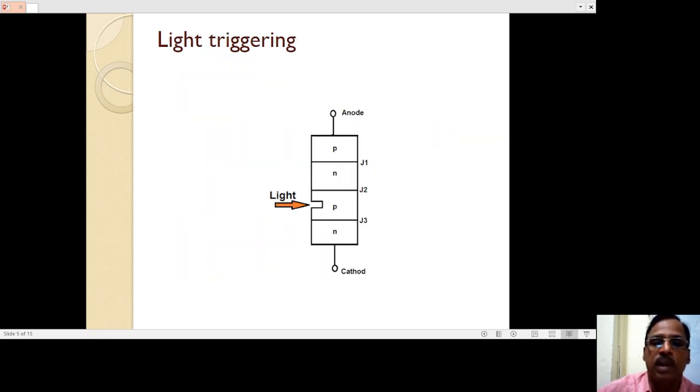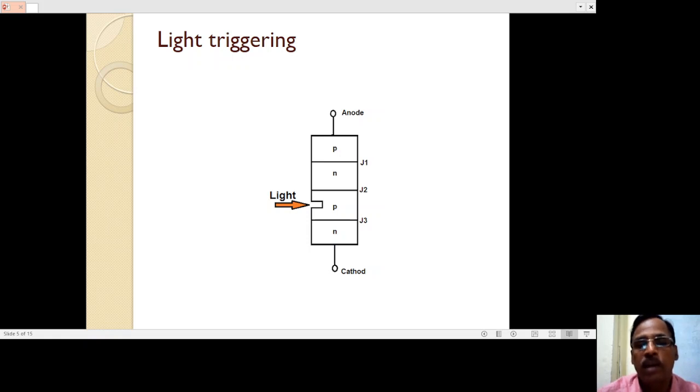See here once again, this is light triggering. By putting light in inner P layer, SCR can be turned on. As intensity of light increases, depletion layer of junction J2 reduces and creates electron hole pairs and its conductivity increases.